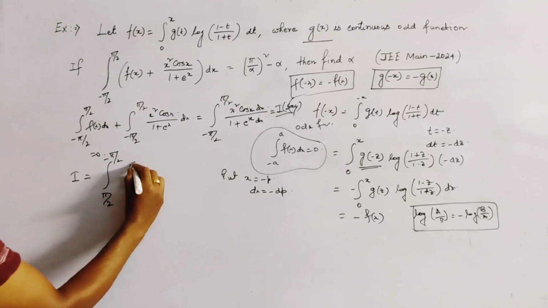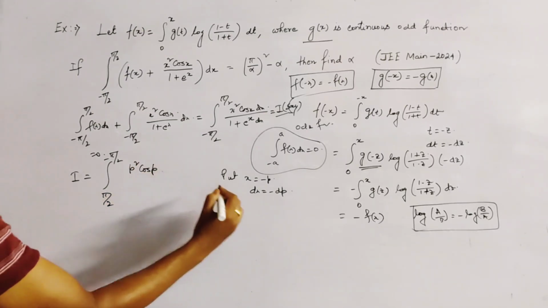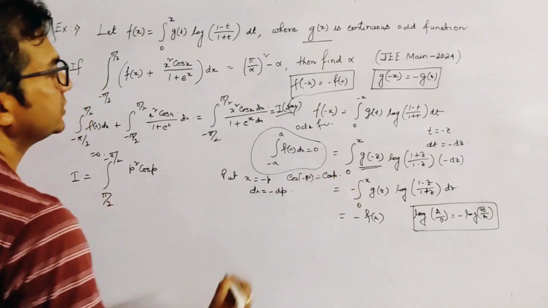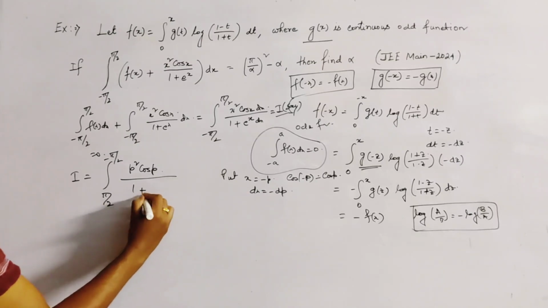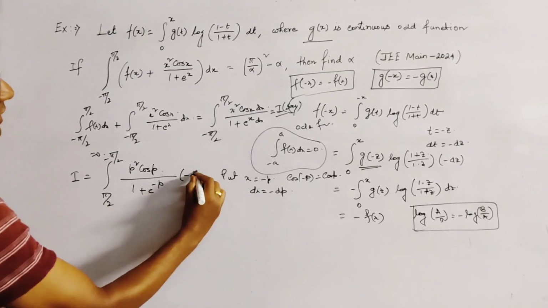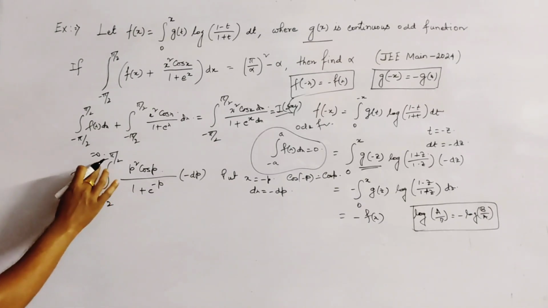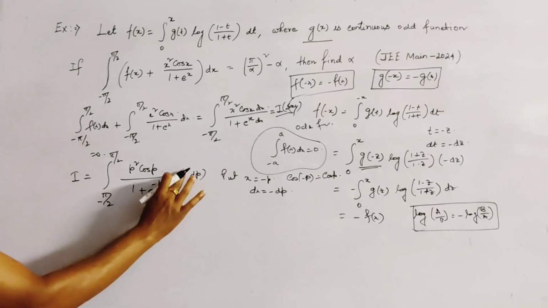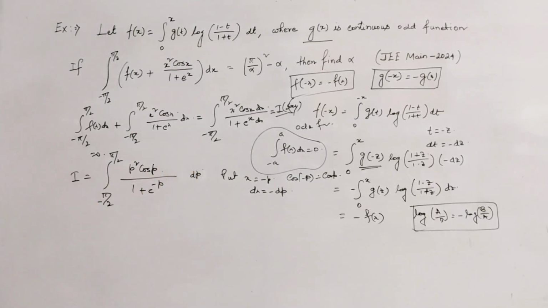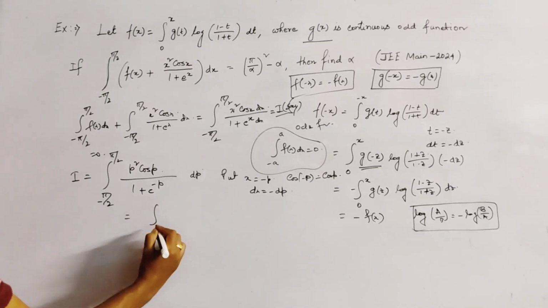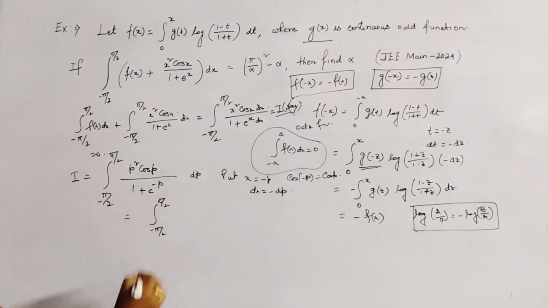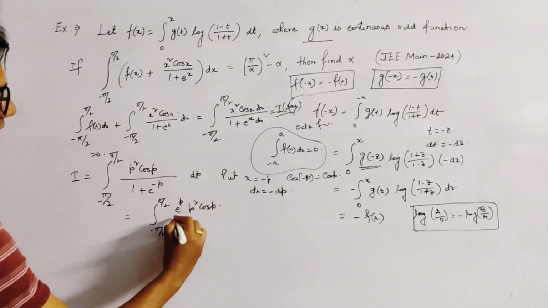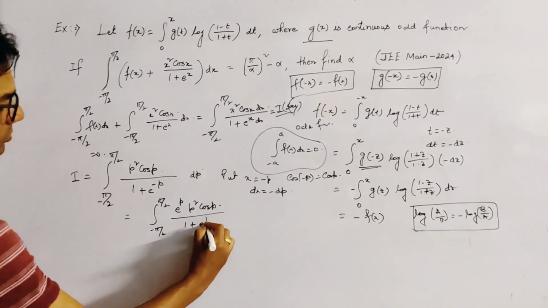This is given by p square cos p, because cos of minus p equals cos p, and 1 plus e to the power minus p into minus dp. We interchange the limits from minus to plus and the negative sign vanishes. From this line we get integration minus pi by 2 to pi by 2 of e to the power p into p square cos p by 1 plus e to the power p.